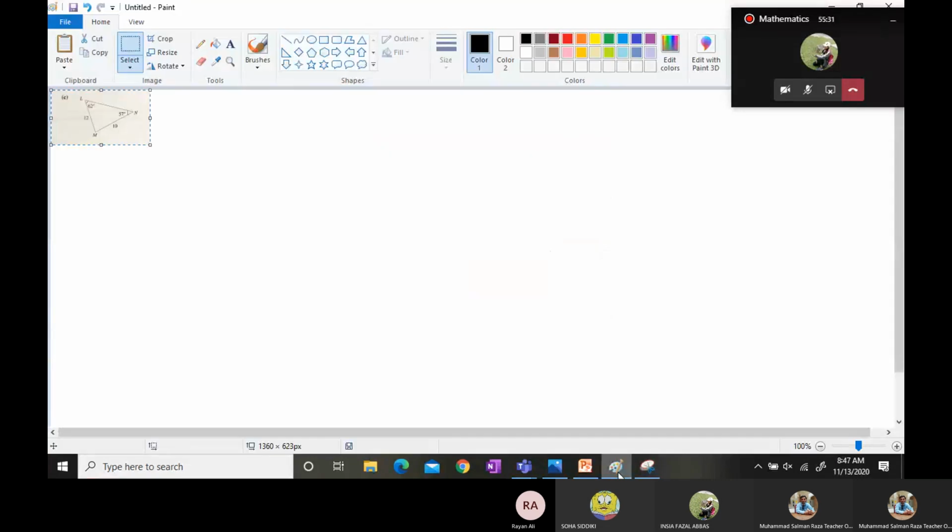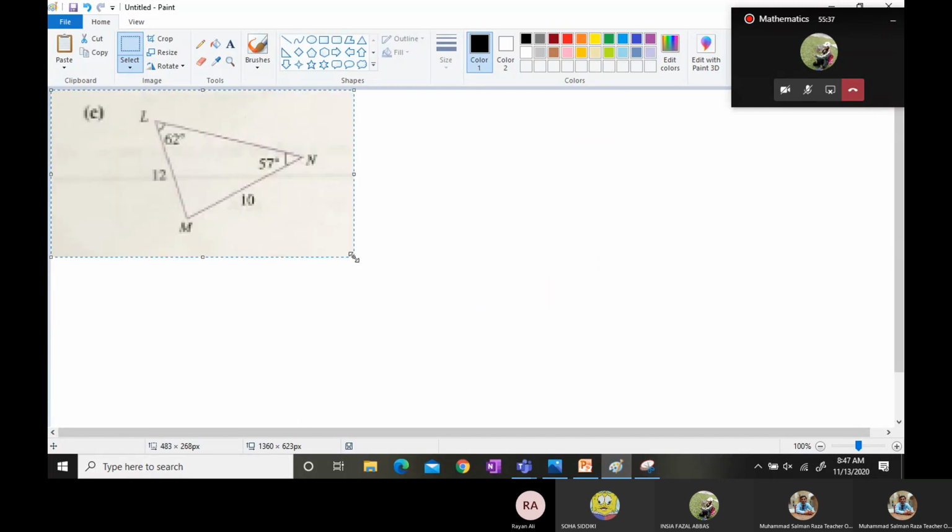Now, suppose this is a figure in front of you guys. I should enlarge it a little. You can see that this is a figure where LMN is a non-right angle triangle where two of the sides are mentioned, and we need to find out the area of this particular figure.